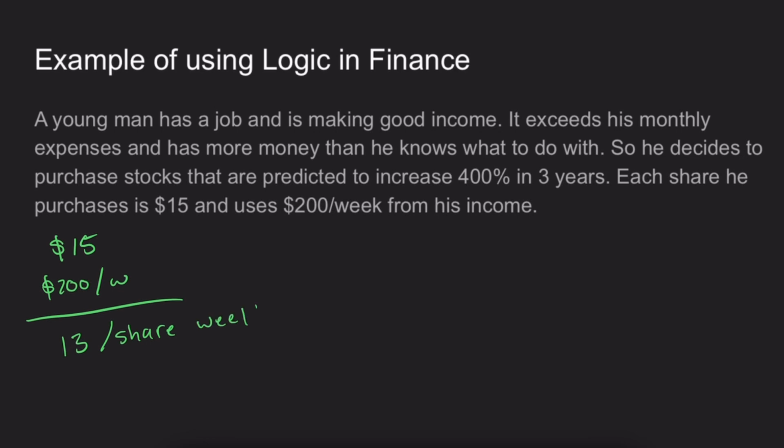Okay, and it's predicted to go up 400% in 3 years. So let's just say for this stock, just for the sake of it, he purchases 13 shares a week for 1 year. So 13 times 52 weeks.